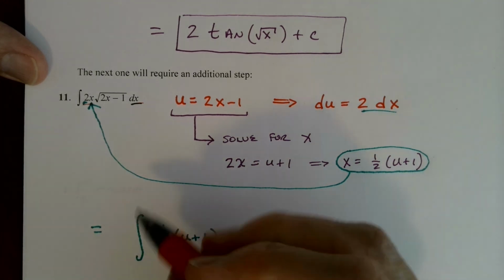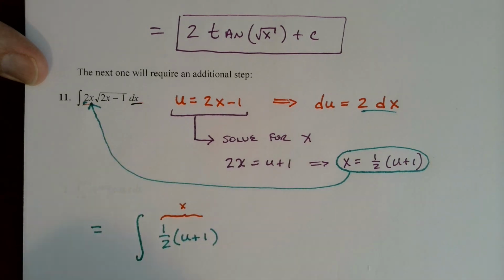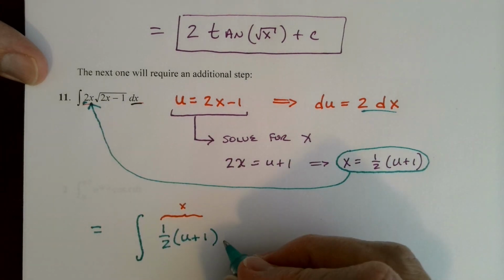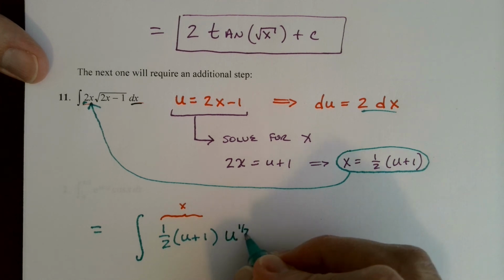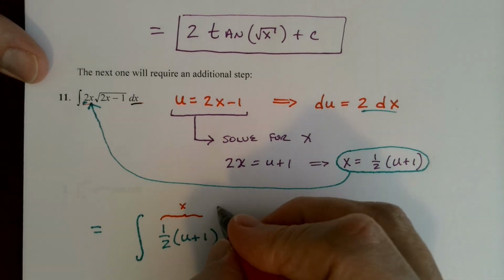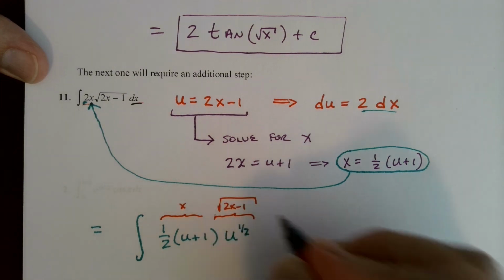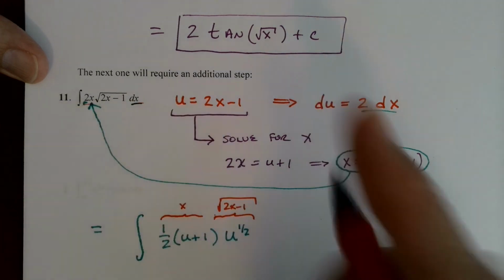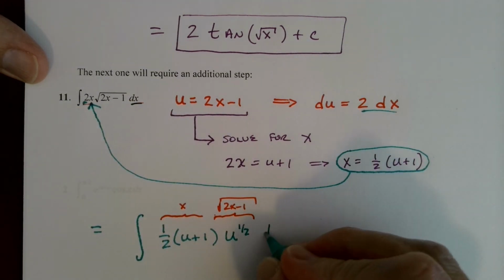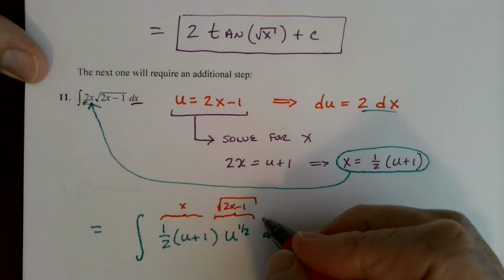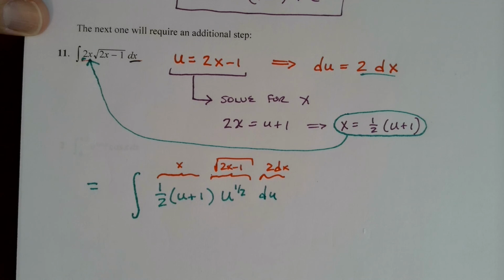So that right there is the x part of things, right? That was the x from there. And then I've got the square root of u, or u to the 1/2, right? That's the square root of 2x minus 1, right? And then I've got the 2 dx, and the 2 dx is the du.